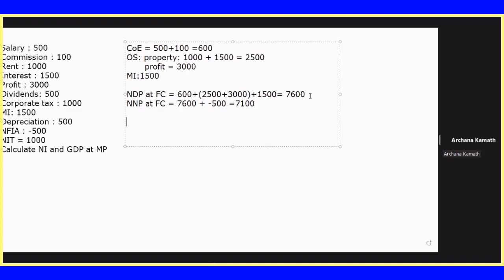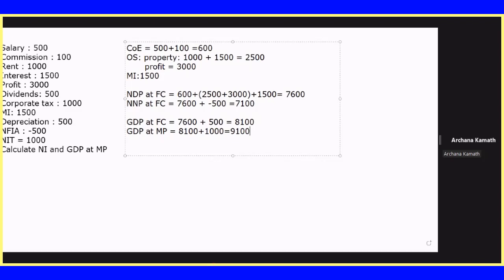From NDP at factor cost, 7,600, I add depreciation to get GDP at factor cost. And for GDP at market price, adding net indirect tax, which is 1,000, 9,100 is your GDP at market price.